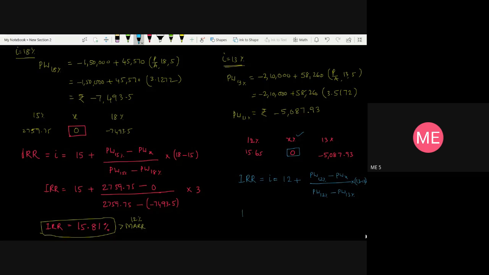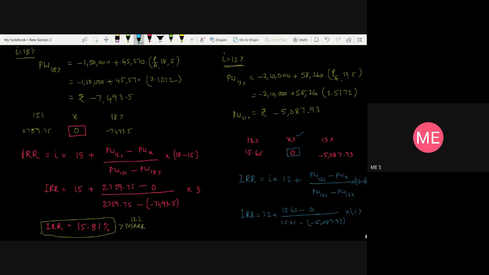So IRR is equal to 12 plus, substituting all these values, 15.65 minus 0 divided by 15.65 minus minus 5,087.93, into 1.